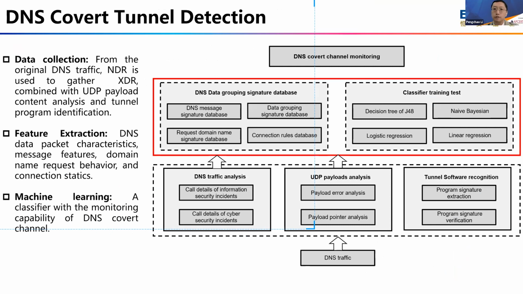So as a typical cyber threat about DNS, as I mentioned in the previous section, we consider a so-called expert system to detect hidden DNS tunnels. From the original DNS traffic, NDR is used to gather extended data records, combined with UDP payload content analysis and tunnel program identification.